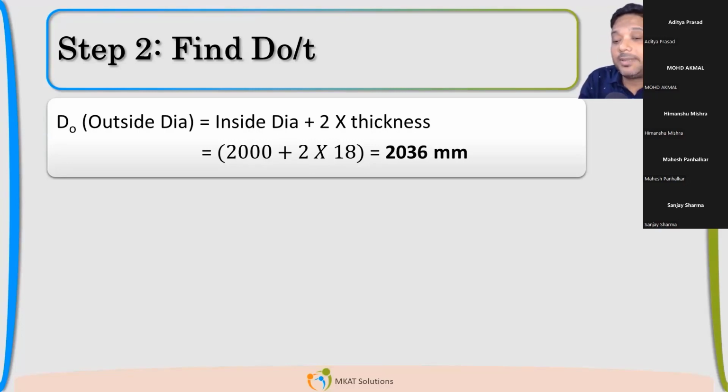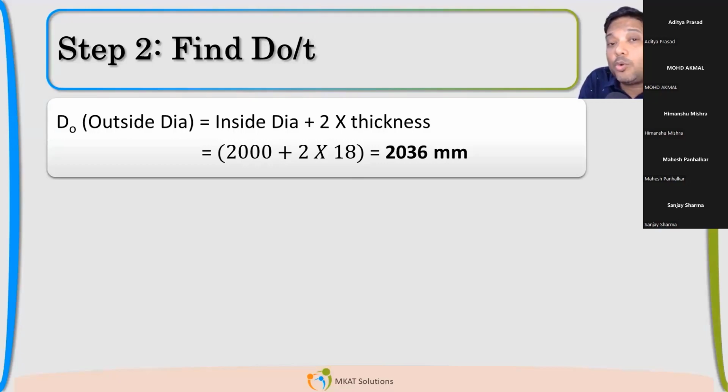People sometimes may get confused and think we take 15. 15 is the corroded thickness, I accept that. We assumed 15 mm as the starting thickness, but the OD is not changing, guys. The 18 mm nominal thickness I took at the start, I rolled the vessel and made an ID of 2000.